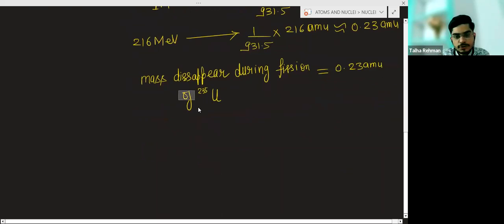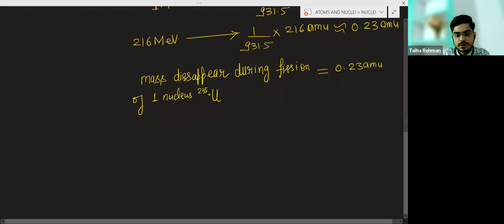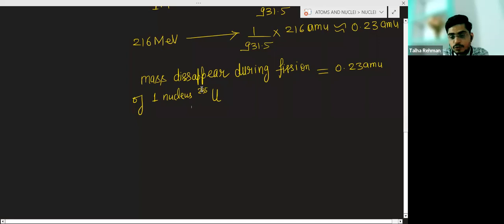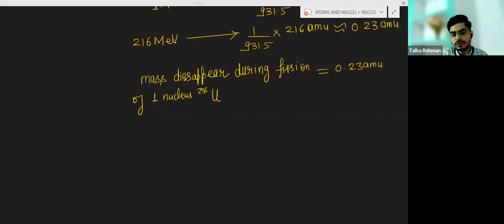Fission of one nucleus of uranium-235. So what is the mass of one nucleus of uranium-235? 235 AMU will be the mass. So you can say out of 235 AMU, 0.23 AMU mass will disappear.